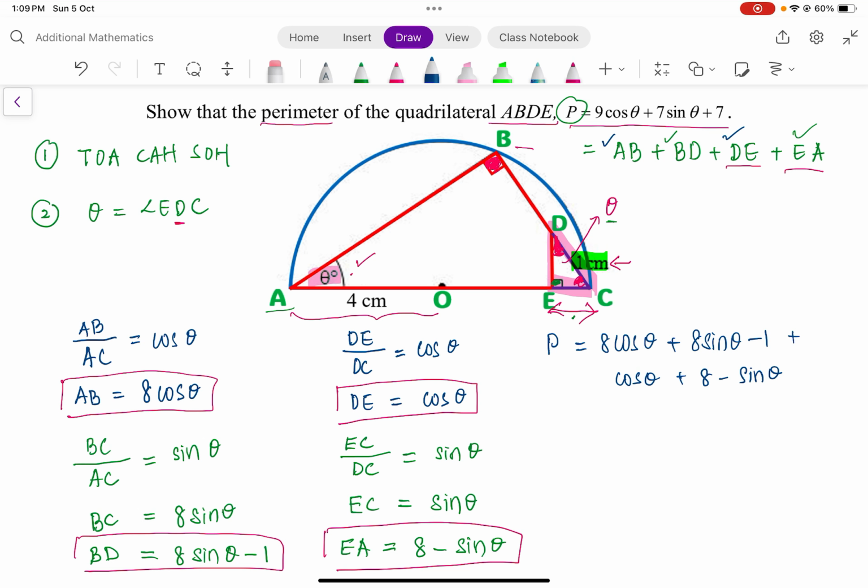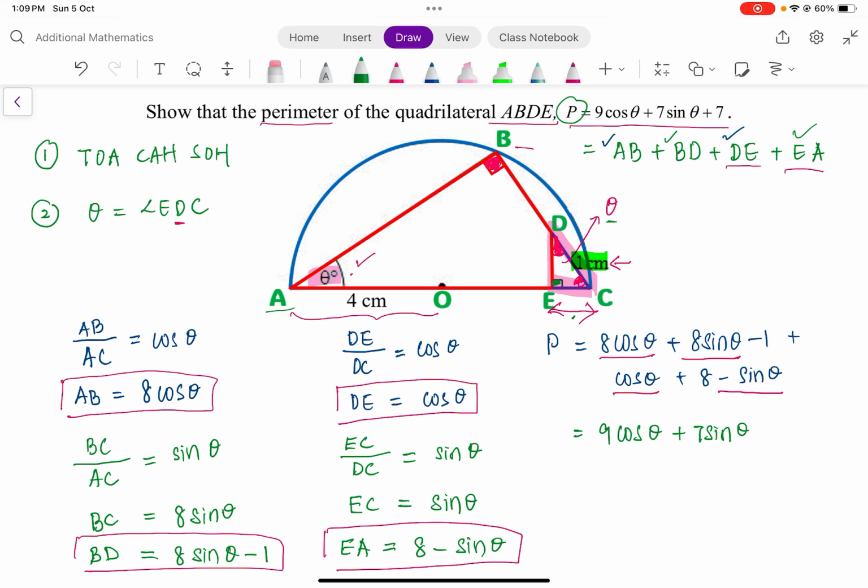Once I have this, I'm just going to combine them together. I have cosine theta plus cosine theta, so this gives me 9 cosine theta. Then the next one, I have 8 sine theta minus sine theta, which gives me plus 7 sine theta.